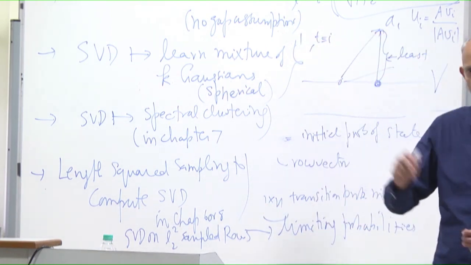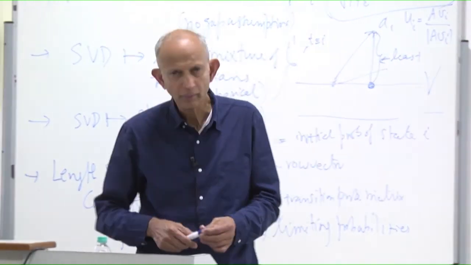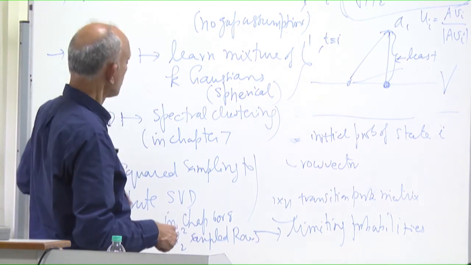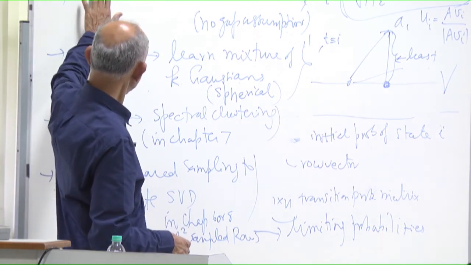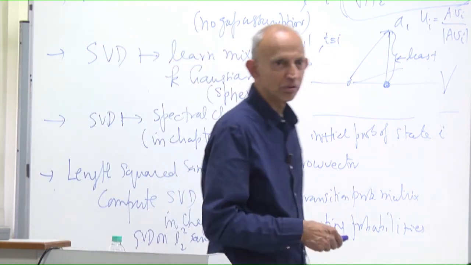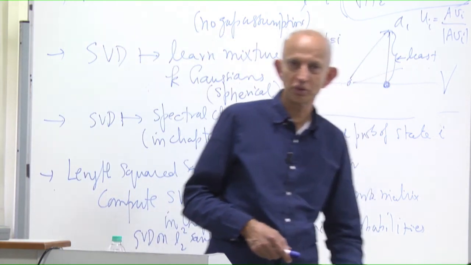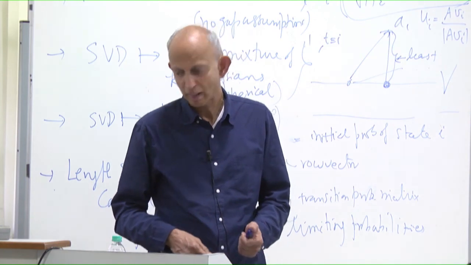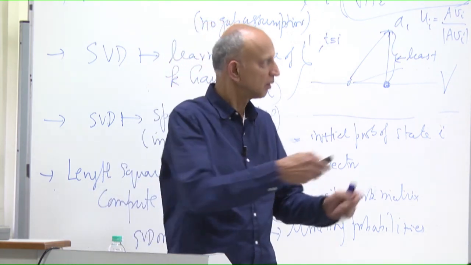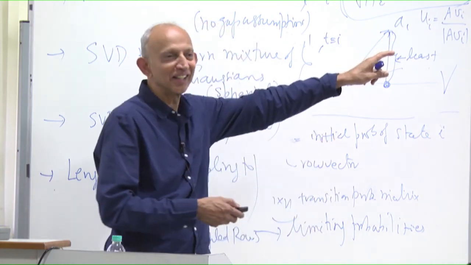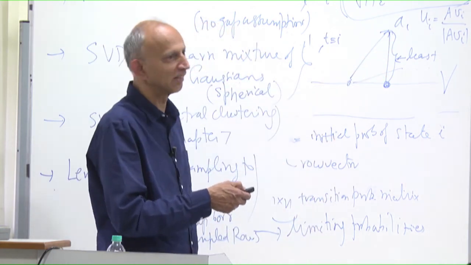It gives you a guarantee on what the error is. I may permute these topics so that I do perhaps this before that. But we'll certainly do the power method and Gaussian mixtures, spherical Gaussian mixtures first. Okay, so that is a relief from the technical detail, but now we'll go back to the technical detail.